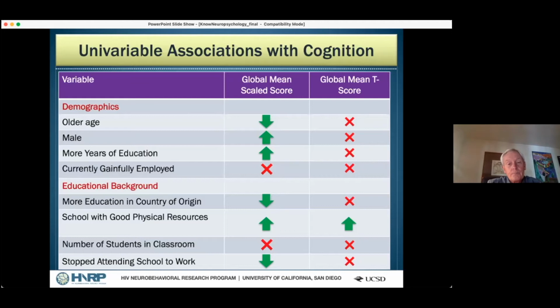So the first 3 of these are just our basic demographics, and it shows for global scale scores that are uncorrected, older age is associated with worse scores.